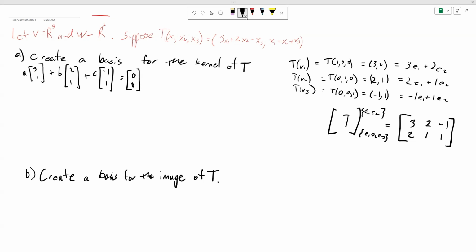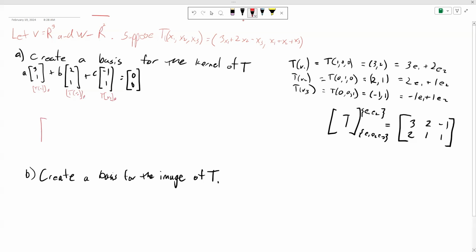And this is T(V1) represented in beta, T(V2) represented in beta, and T(V3) represented in beta.